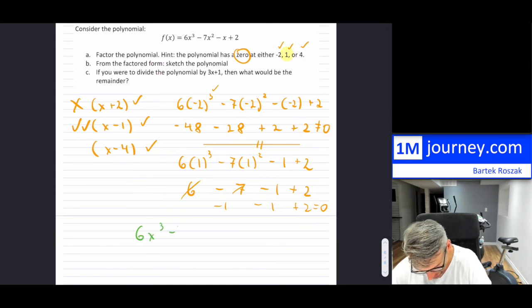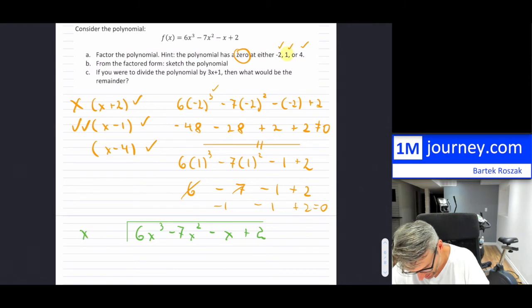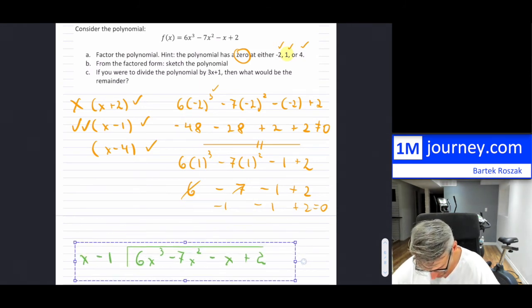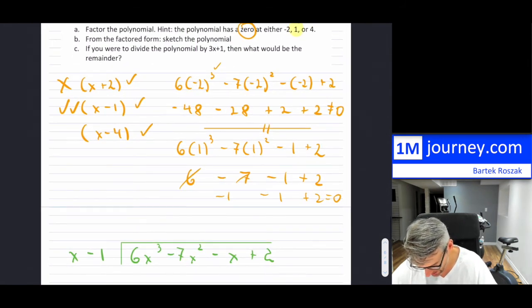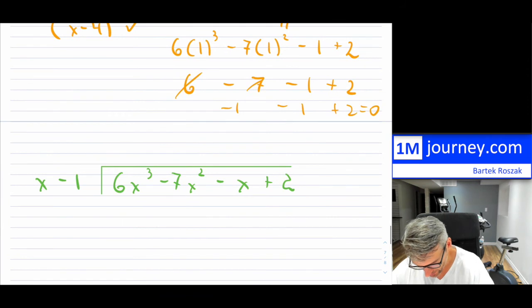At least we didn't have to do long division for all of them, especially for the x plus 2. So let's do that, and I am checking x minus 1. So let's do long division because I want to get the quotient, which is going to be a quadratic in this case.